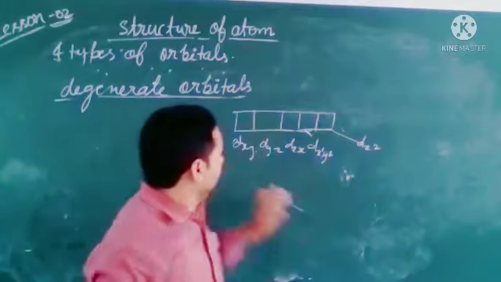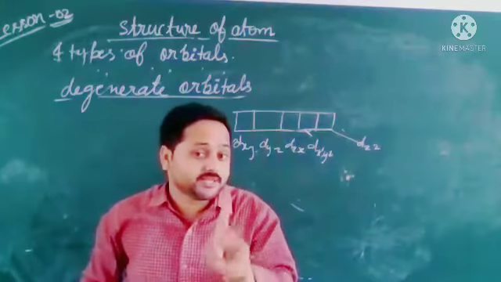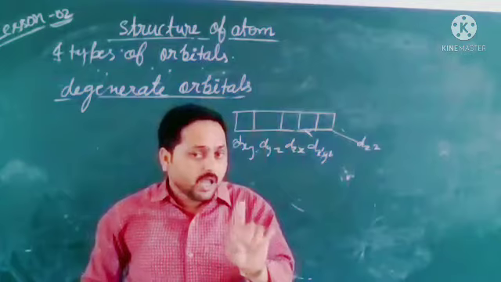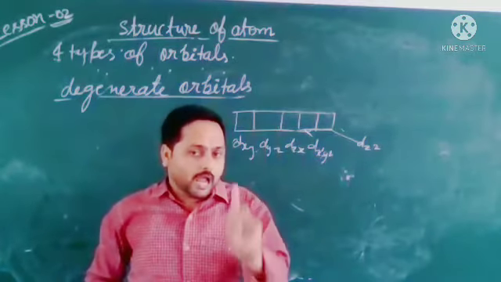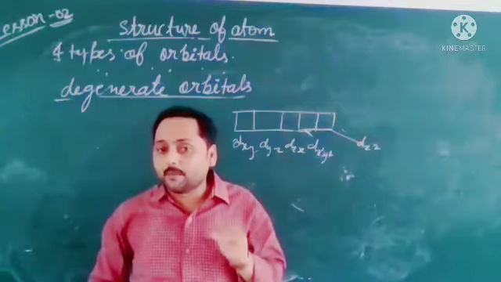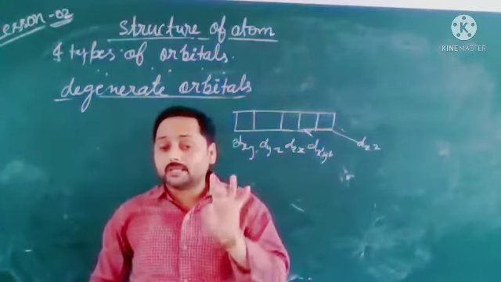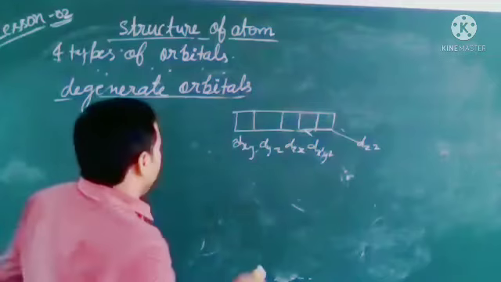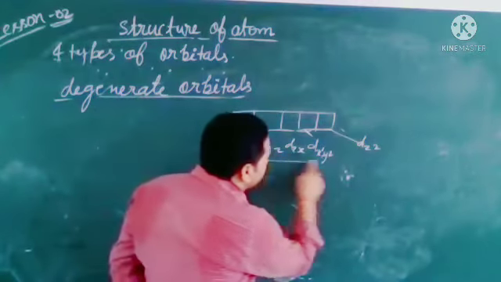So these are known as degenerate orbitals. Orbitals having same energy are known as degenerate orbitals.